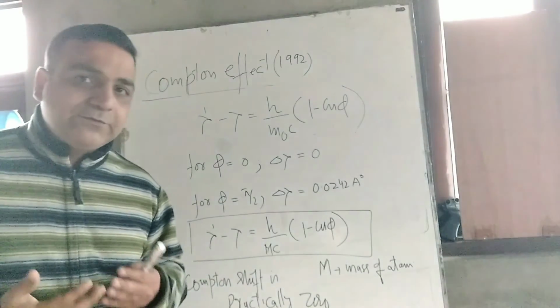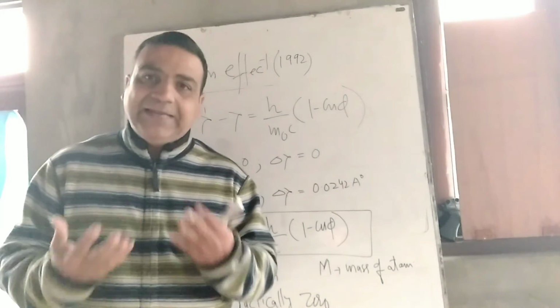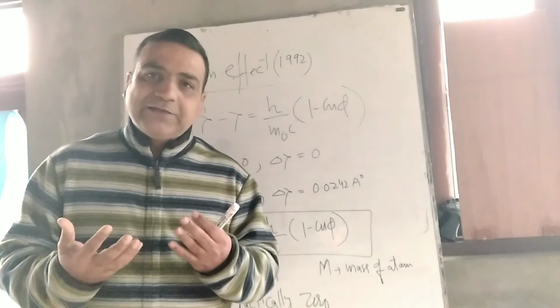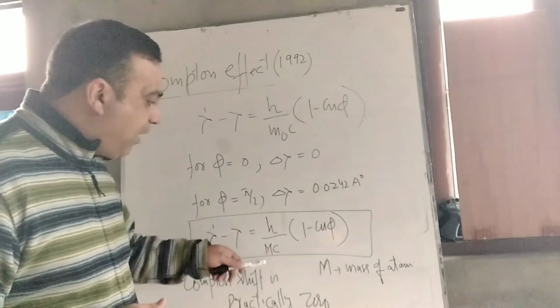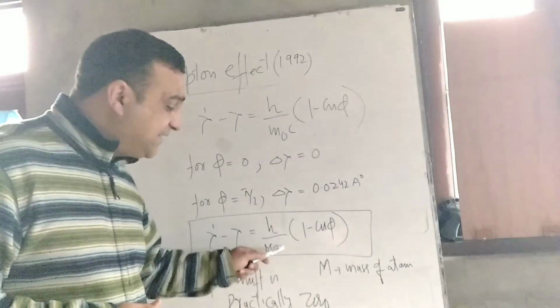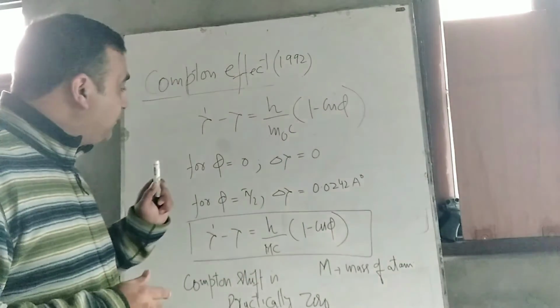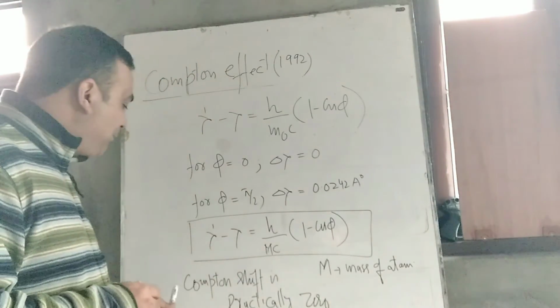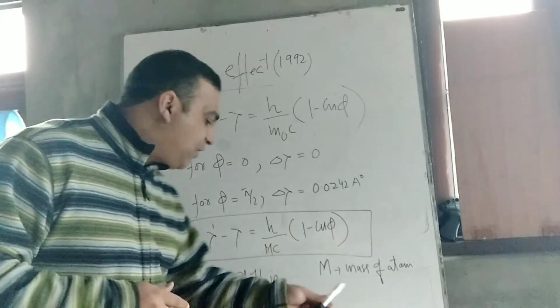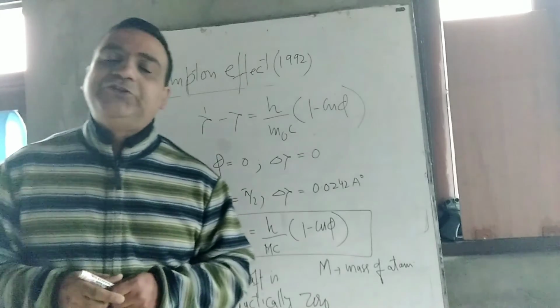So the radiation that's hitting the target is not hitting an electron, it is hitting the whole atom. And this mass is very, very large, effectively infinite with respect to the mass of an electron. In that case, you will probably not observe any Compton shift.